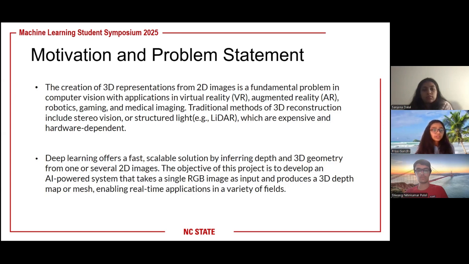To solve this, we are using deep learning, which offers a fast, scalable solution by inferring depth and 3D geometry from one or several 2D images. For this, we have a single RGB image as an input, which produces a 3D depth map or mesh, enabling real-time application in a variety of fields.